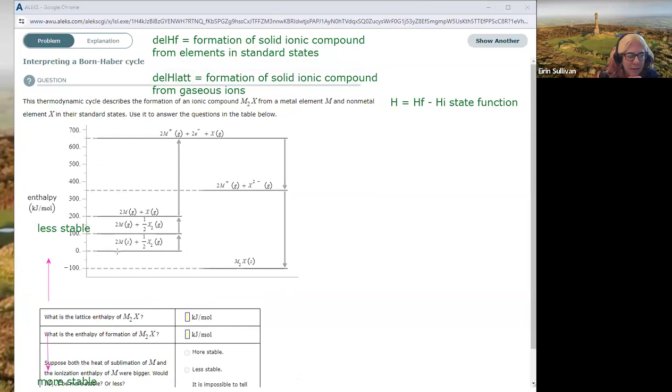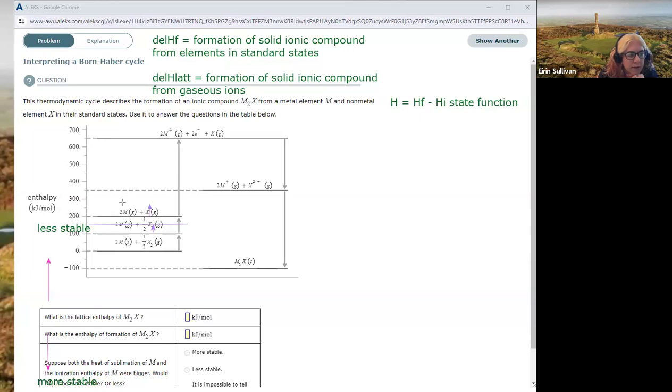Okay, so heat of sublimation is this, going from the solid to gas. Let's just imagine that that was bigger by a little bit. And the ionization enthalpy, which is this one. So this line has moved, let's make this purple, from here to here. So that is bigger, which would mean this line would also move up by the same amount, from here to here.